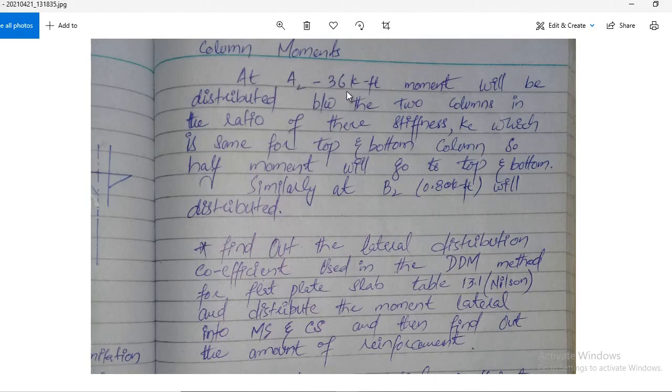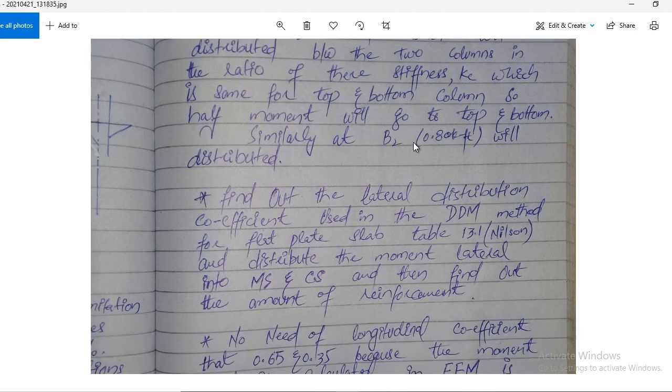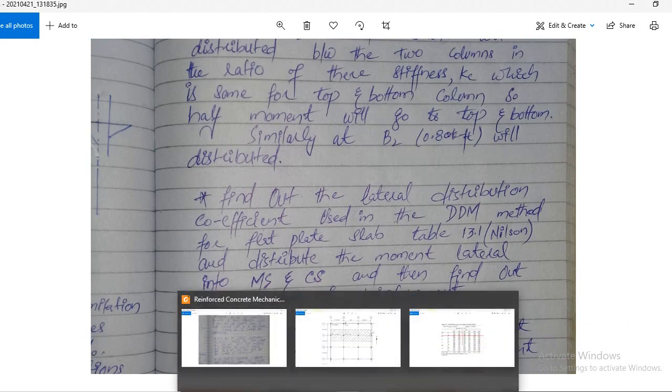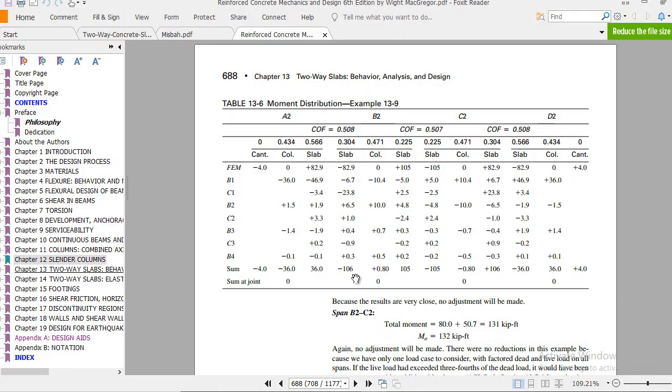At A2, 36 foot-kips of moment will be distributed between the top and bottom columns in the ratio of their stiffnesses Kc, which is the same for top and bottom columns. So half the moment will go to the top and half to the bottom. At B2, 0.80 foot-kips will be distributed, because you see in this table at the B2 column there is a very small unbalanced moment, that is 0.80.